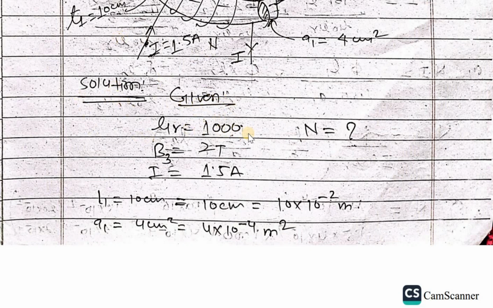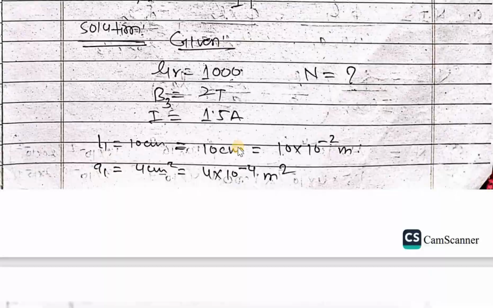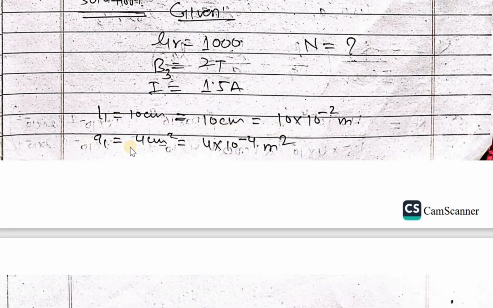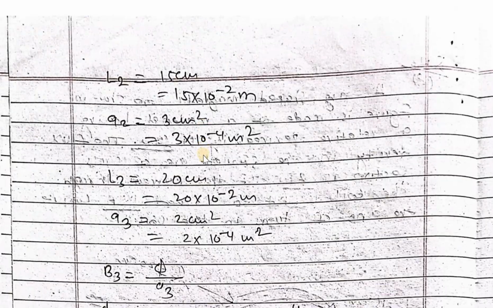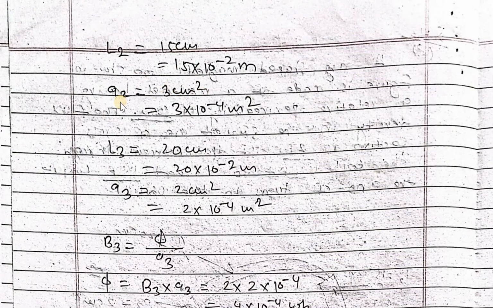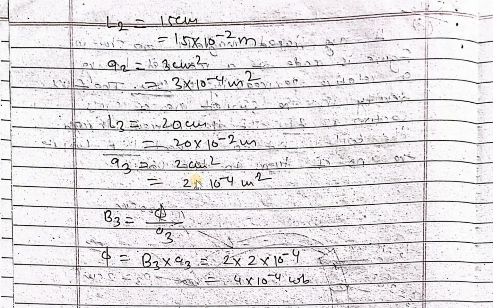Given mu r equals 1000, B3 equals 2 Tesla, I equals 1.5 ampere, and N equals what? L1 is 10 centimeter, A1 4 centimeter square, L2 15, A2 3 centimeter square, L3 20, and A3 2 centimeter square.